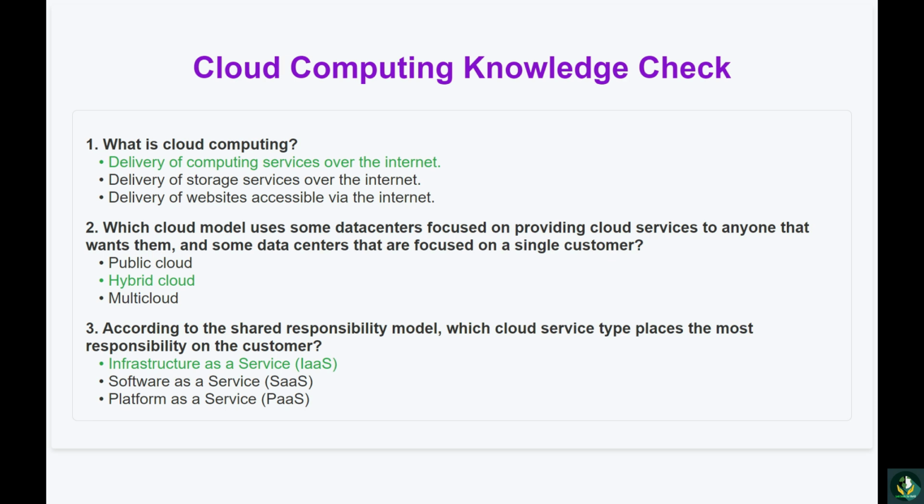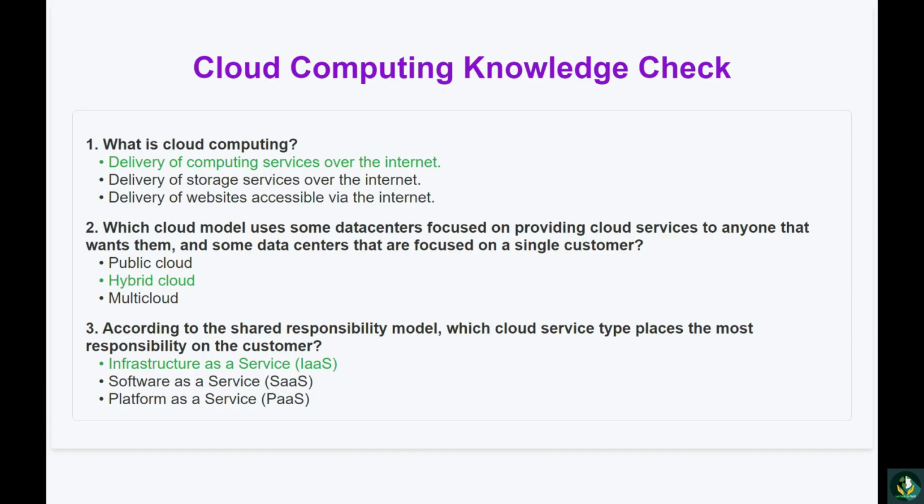Which cloud model uses some data centers focused on providing cloud services to anyone that wants them, and some data centers that are focused on a single customer? Correct answer: hybrid cloud. Explanation: a hybrid cloud combines public and private cloud environments.